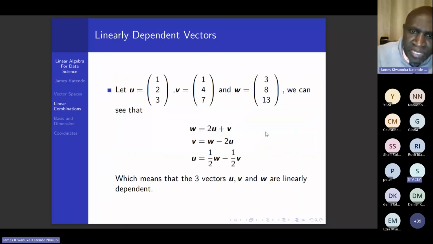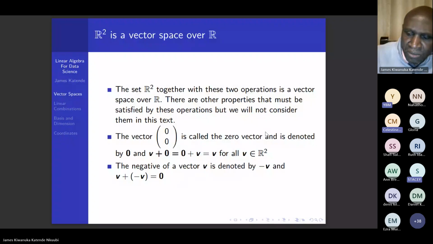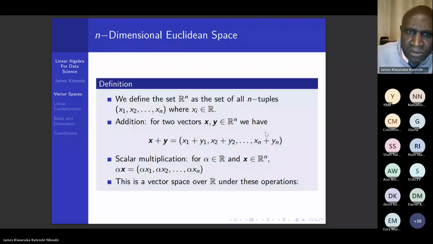Okay. This one is defined here. Try to pay attention to the definitions. Here it is, the n-dimensional Euclidean space. So Rn talks of n numbers. For you, this should be obvious.